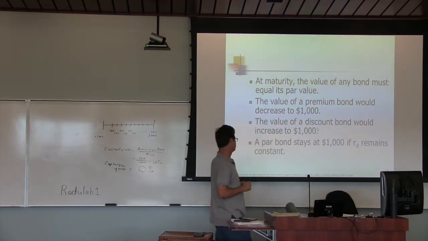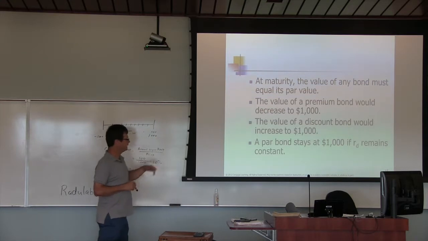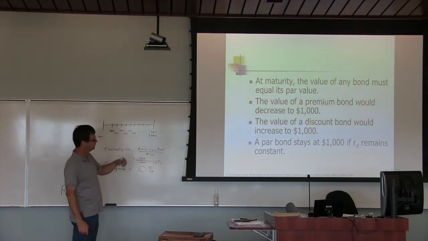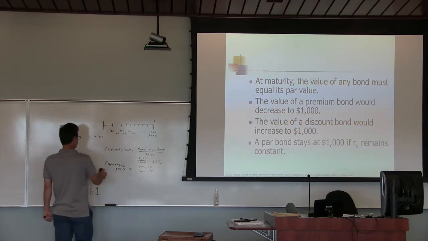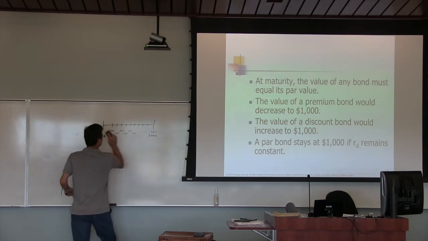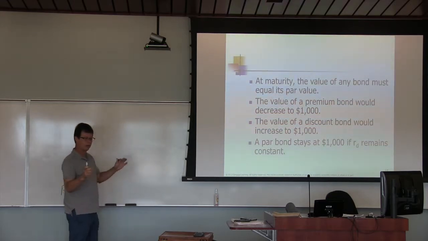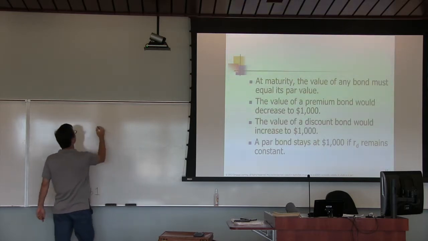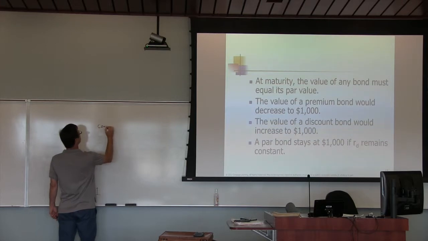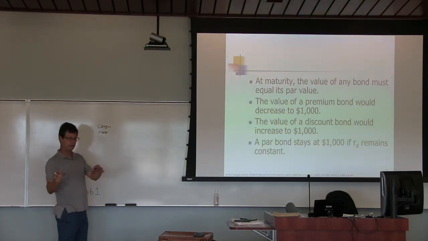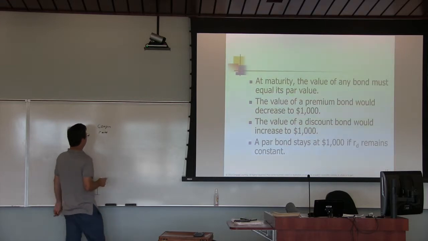Okay, so in this case, we can see if the cost of debt or the required return doesn't change, then the price is going to stay right at $1,000 the whole time. So I generally like to post up a big table to reflect what's going to go on here. We've got our coupon rate stated as an annual rate.